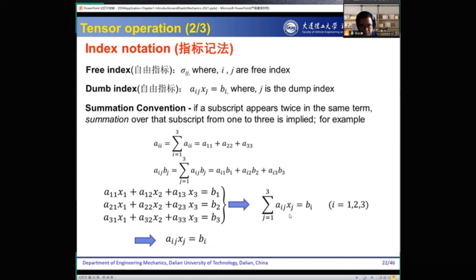So we can write Aij xj. Here j is the dummy index, and i is the free index. So in short, we can skip those summation symbols and write Aij xj equals bi, and when people read this, they know j is the dummy index and i is the free index. Okay.